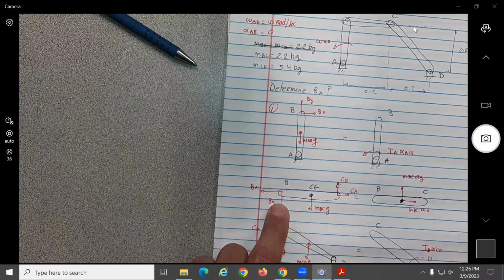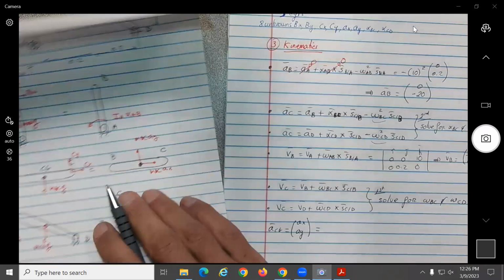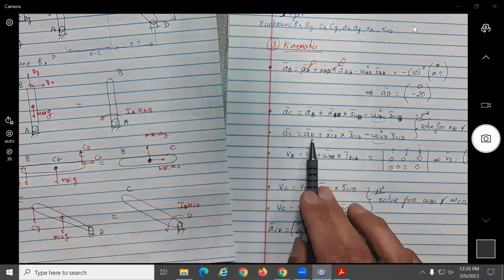Yeah? So you're able to calculate the acceleration of point C from point D. Let's say this will be 0, no? Okay.